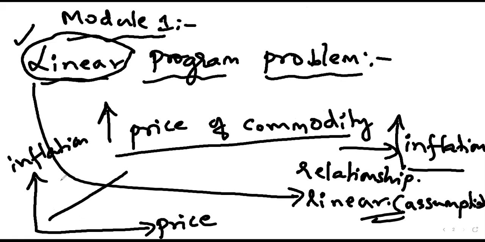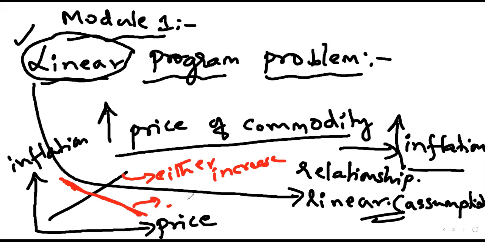That means it is linear, either increasing or decreasing. So this is basically the scenario. Given the situation, we are trying to determine different parameters. We'll see how to optimize.